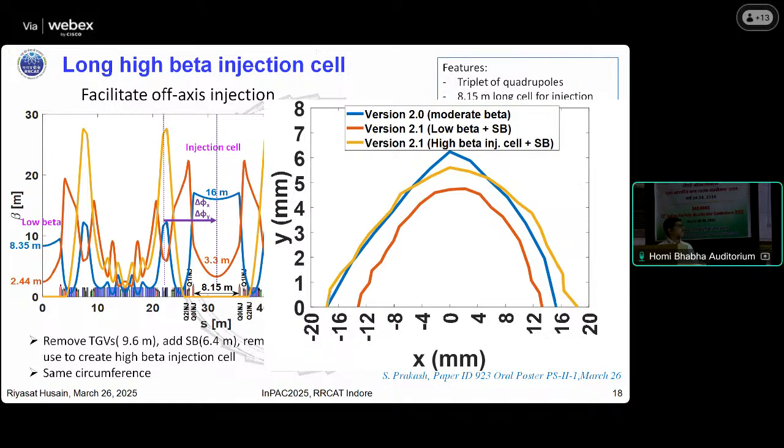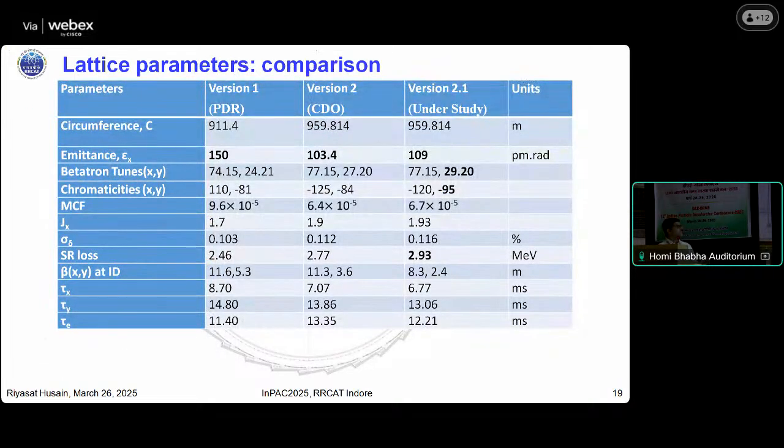And when we reduce the beta function, dynamic aperture reduces to around 12 millimeter. And finally, with the inclusion of this high beta injection cell, we have already recovered the dynamic aperture required for the off-axis injection. So these are just the parameter comparison between the PDR lattice and the lattice which we have under discussion and under machine advisory discussion.